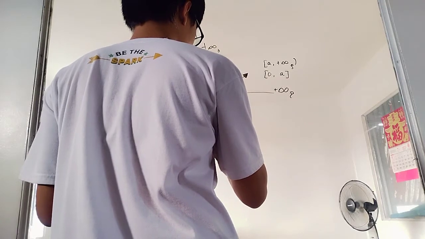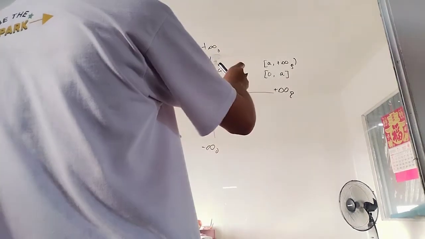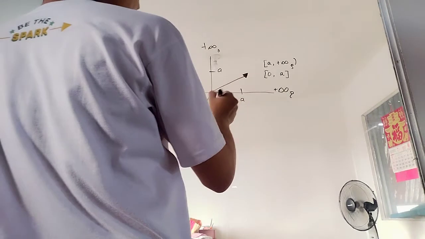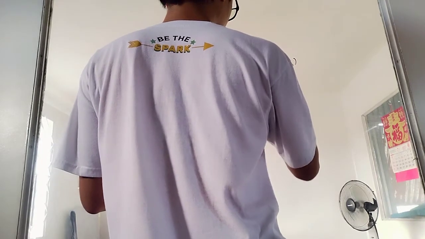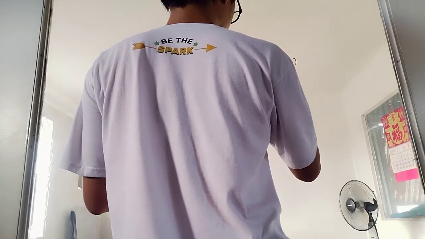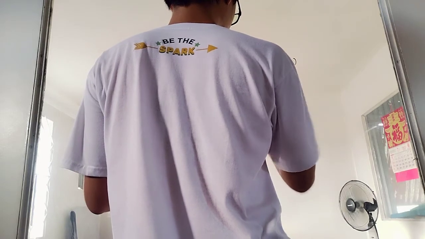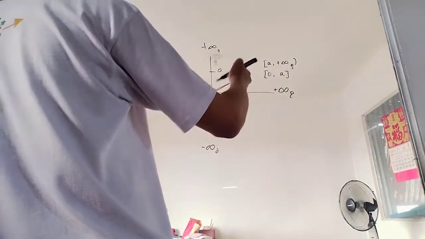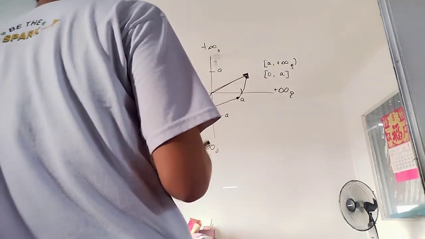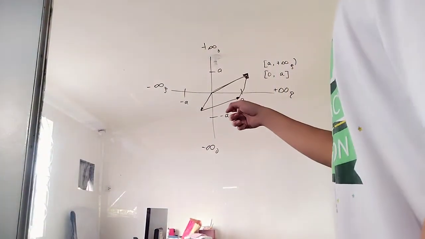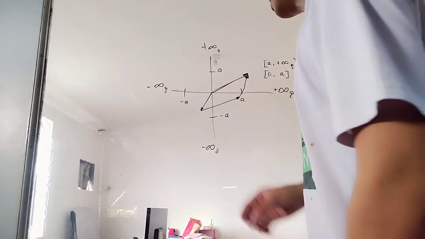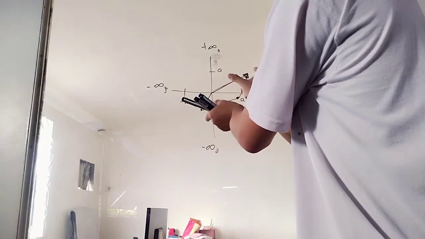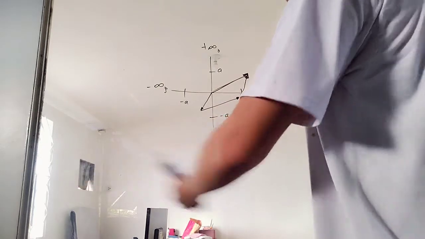So here, now we can just combine these two vectors by using the parallelogram rule to get a new vector. So we just use the parallelogram now to derive the actual vector, and the final vector, or the resultant vector that we get from taking the linear combinations of these two vectors, is the vector that we put in question.